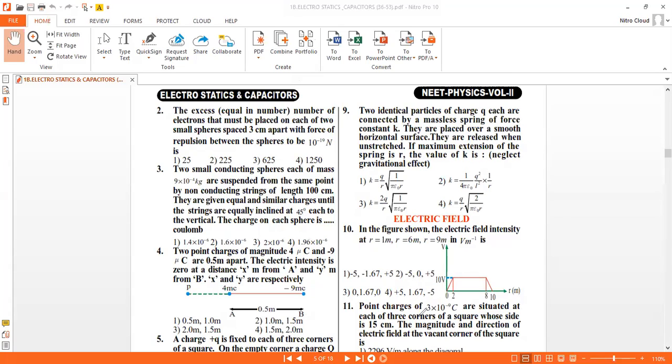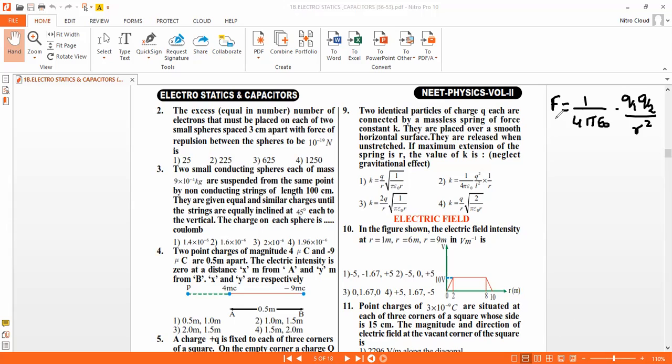Before going to the numericals, let us revise the formulas in Coulomb's law. The force between two charged particles is given as 1 by 4 pi epsilon naught q1 q2 by r square when the two charged particles are placed in air or vacuum, where epsilon naught is the permittivity of air or vacuum.